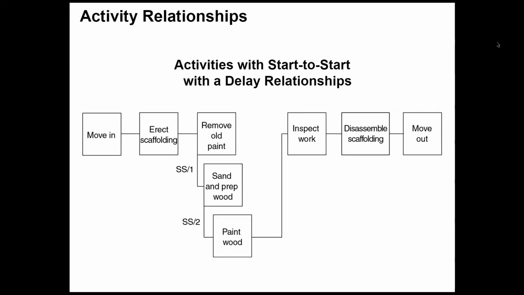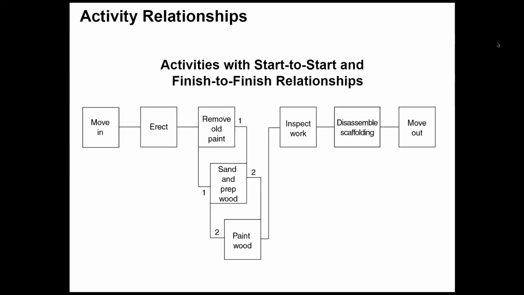So additional example with multiple delays. But that is the same way, you divide into different phases, right? And this one even contains activities with start to start and finish to finish relations. That means you start at the same time and also finish at the same time. But you see the numbers over here, that means they have some delay.